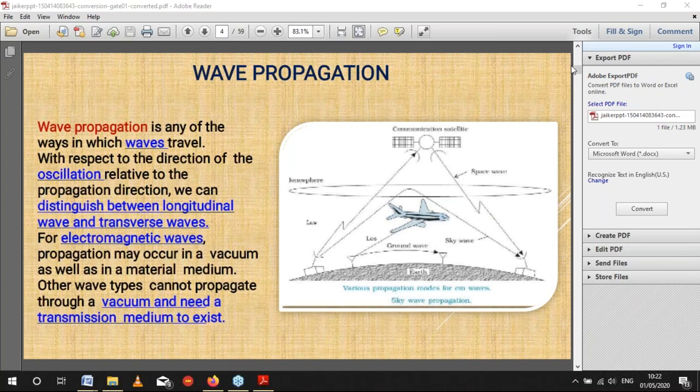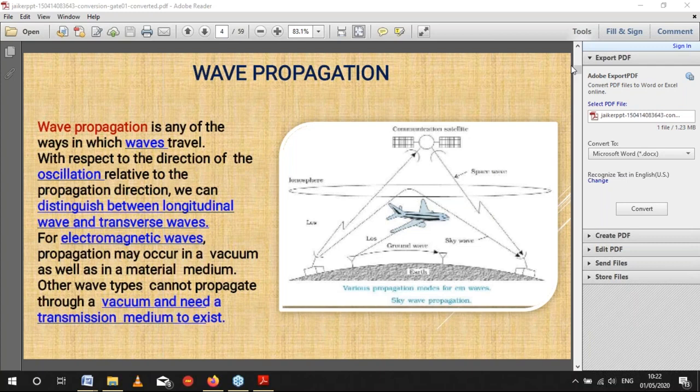If you go to a river, you see the waves flowing and moving in a direction. When we talk about wave propagation, we are talking about any of the ways in which waves travel with respect to the direction of the oscillation relative to the propagation direction.